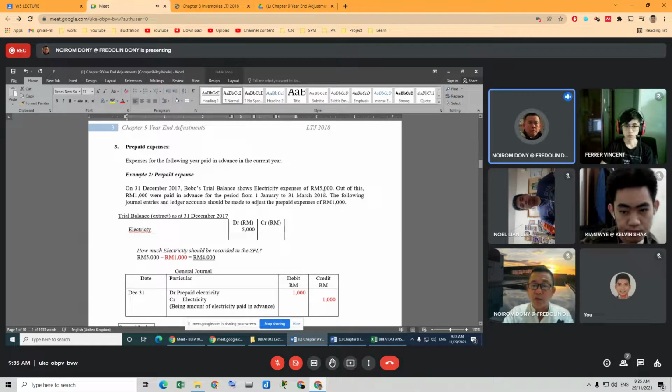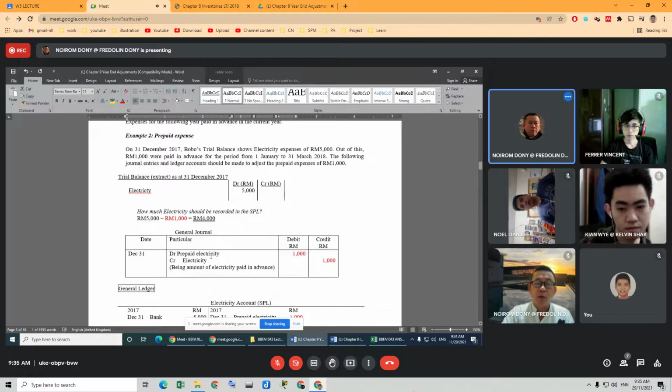So only 4,000 is meant for the current year, and we have to reduce this electricity. How much should be recorded in SPL? Because of the matching and accrual concept, the amount recorded should only be meant for the current year, so we do an adjustment. The adjustment is we reduce: 5,000 less 1,000. So only 4,000 should be recorded in the SPL.